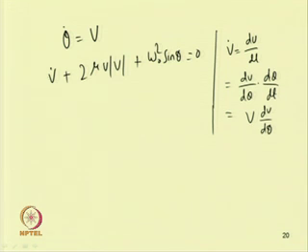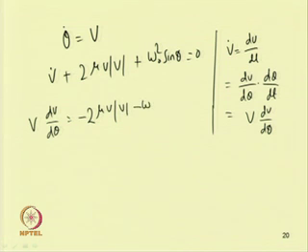So, this equation we can write as v dv by d theta equal to, taking these terms to the right hand side, minus 2 mu v into mod v minus omega 0 square sin theta.